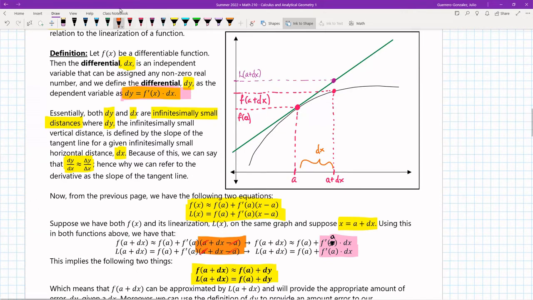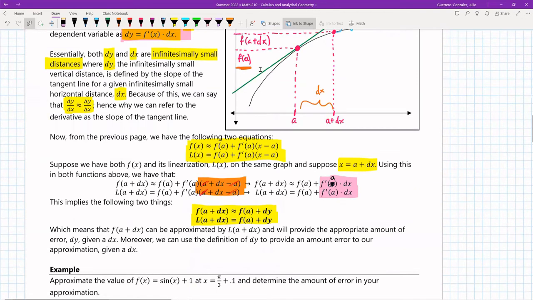I'm running out of colors here. So this right here is f of a, right? Plus our distance dy. So this right here is our dy. This is the difference between our actual function and its approximation. Okay?